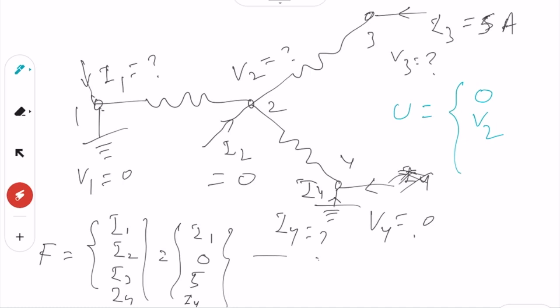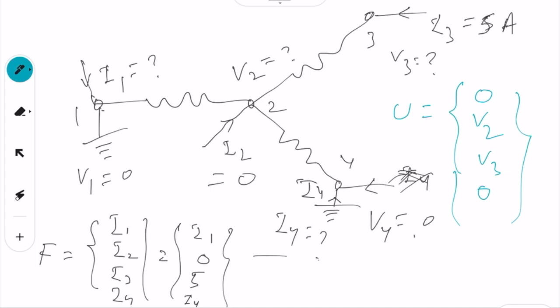Then we have V3, we don't know that, so we write V3. And then we have V4 equal to 0, so we write V4 equal to 0 like this. So this is our displacement vector.